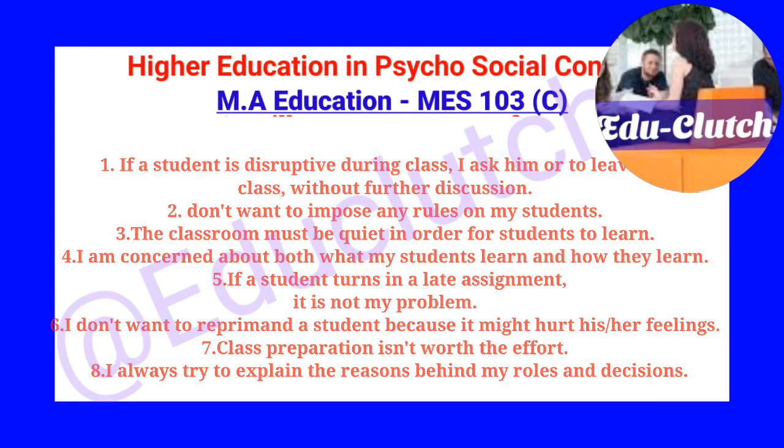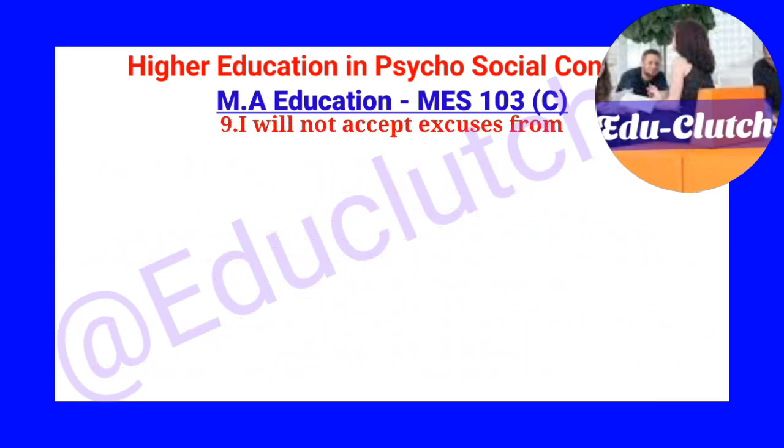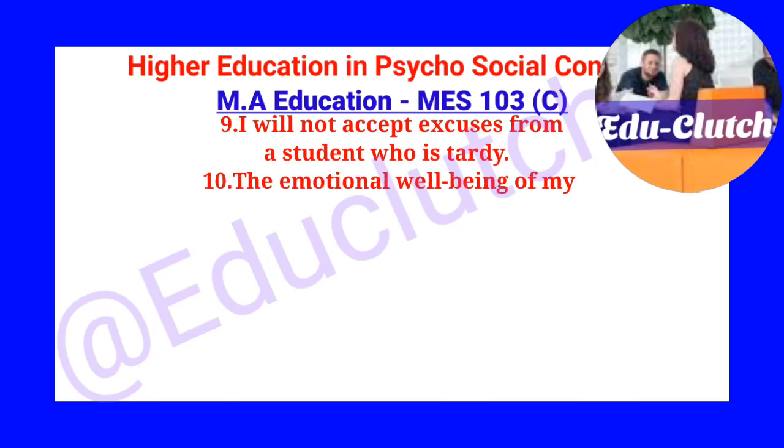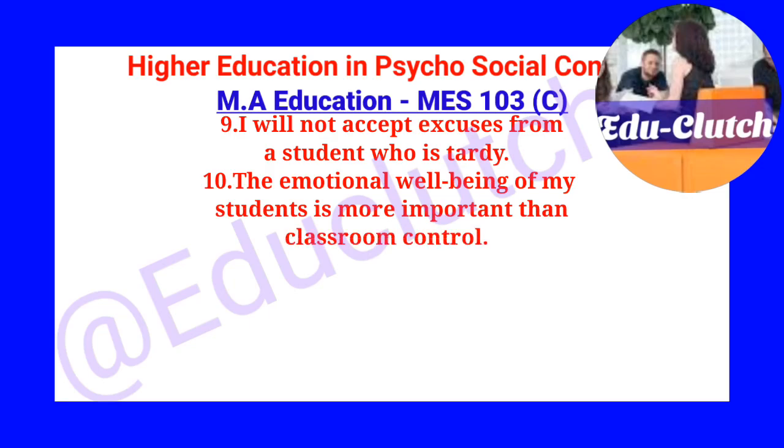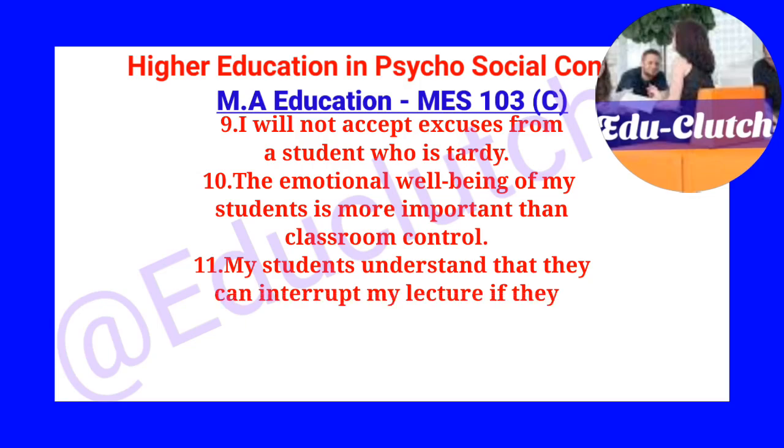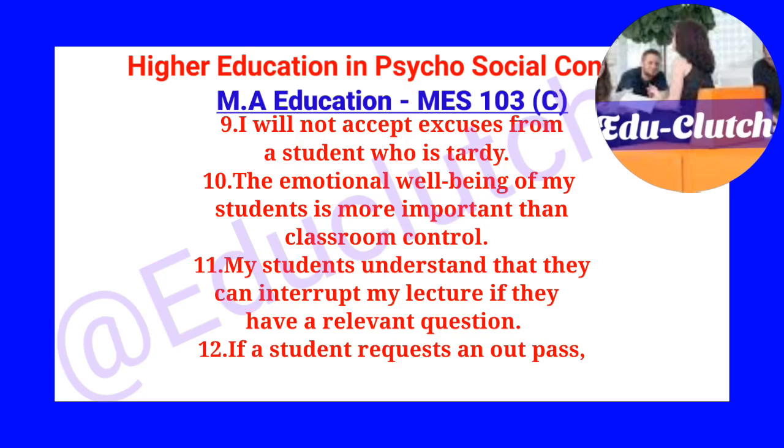Ninth is, I will not accept excuses from a student who is tardy. 10th is, the emotional well-being of my students is more important than classroom control. 11th is, my students understand that they can interrupt any lecture if they have a relevant question. 12th is, if a student requests an outpass, I always honor the request.